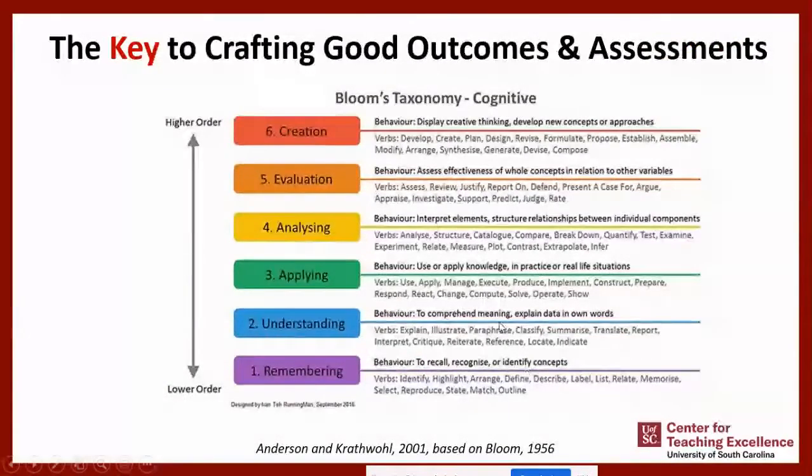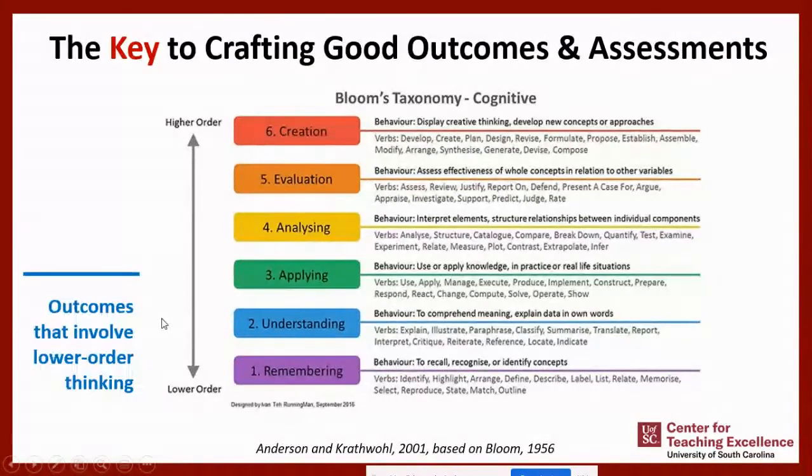Those of you who have been in my webinars know I love Bloom's, and the way to craft good learning outcomes is to use this. I think it's really important that you see that all of these levels of Bloom's taxonomy, from the basic remembering, understanding, all the way up through creation, are important.